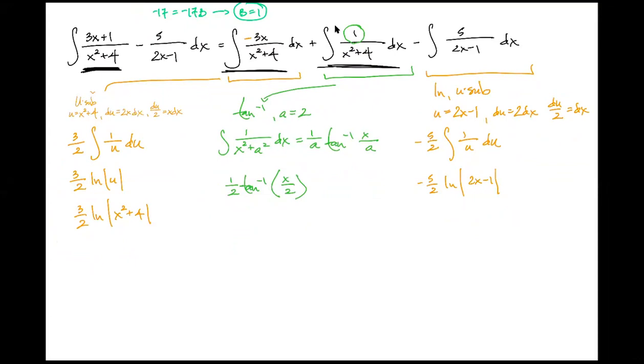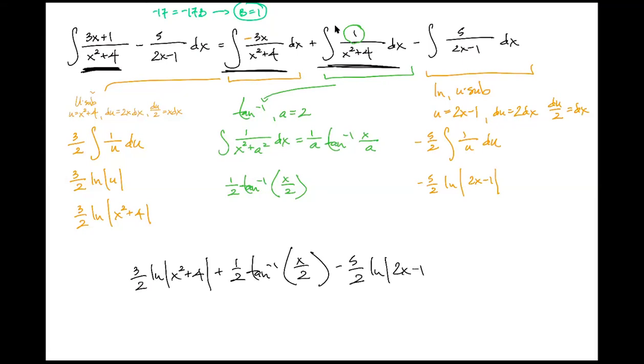And so at the end, we just string together all the parts to get our answer. So we'll get 3/2 natural log of x squared plus 4, plus 1/2 arctan of x over 2, minus 5/2 natural log of 2x minus 1, plus c.